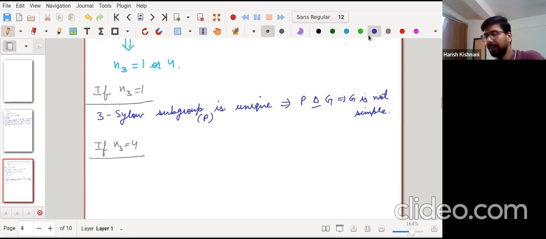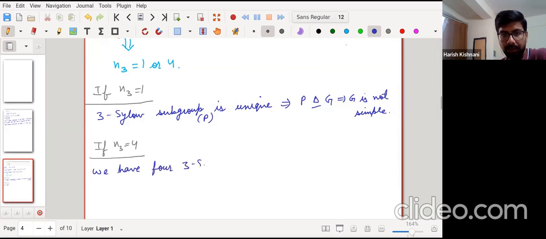See, if n3 is 4, then we have 4 Sylow 3 subgroups, and they are just conjugates of each other.